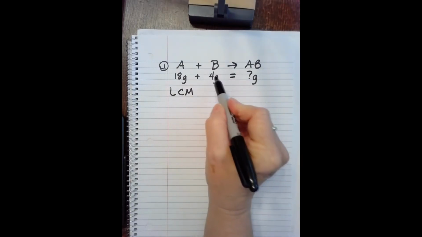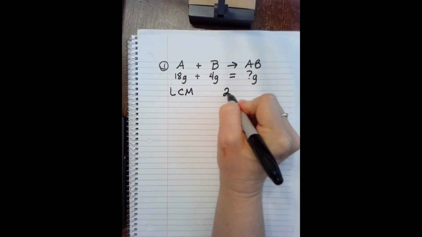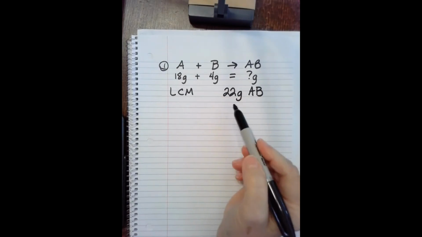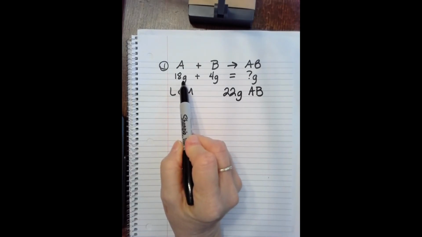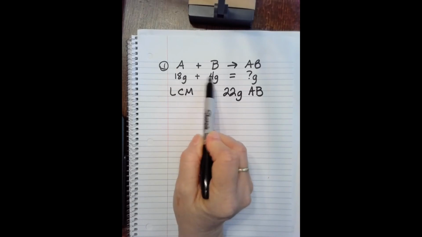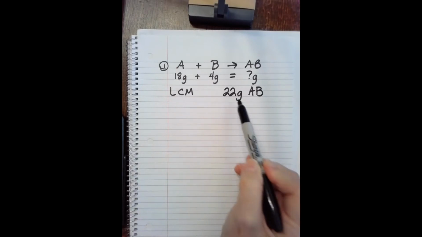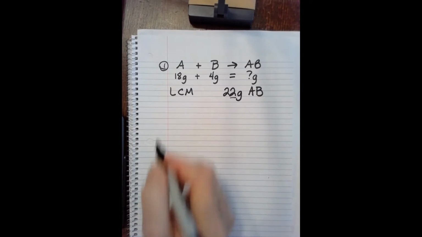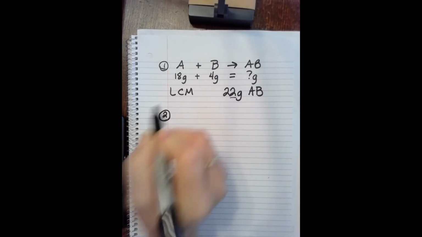So it's 18 plus 4, which is 22 grams of AB. Grab your calculator if you don't want to do that in your head. I do not have this to a decimal place, so I have this significant to the ones place. So I'm only going to report that as 22, okay?